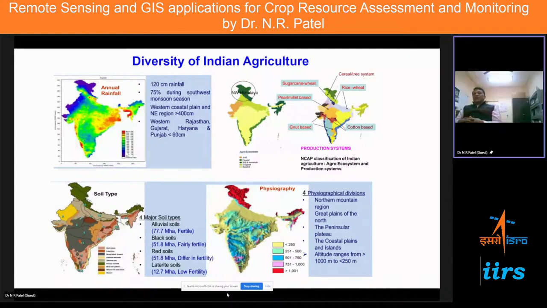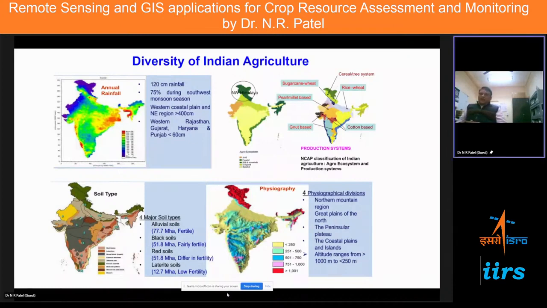If we see rainfall, there is less than 250 mm rainfall in the desert, up to 2000 mm rainfall in Kashmir or Himachal Pradesh. So climate ranges from arid to almost per humid. Similarly, soil types: there are loamy sand, gravelly soil, clay soil, as well as lateritic soil.